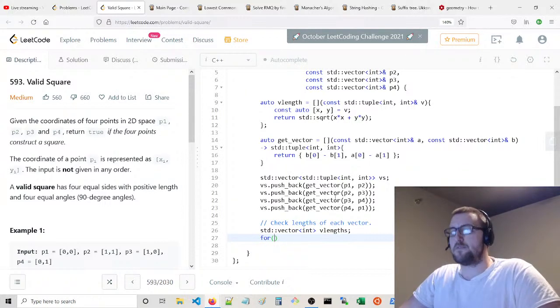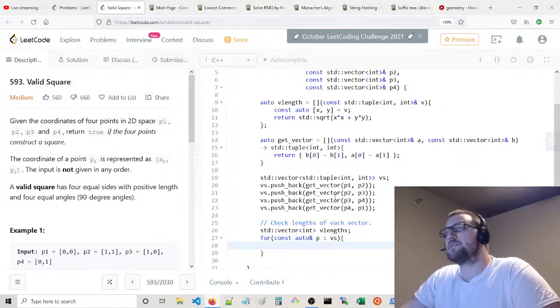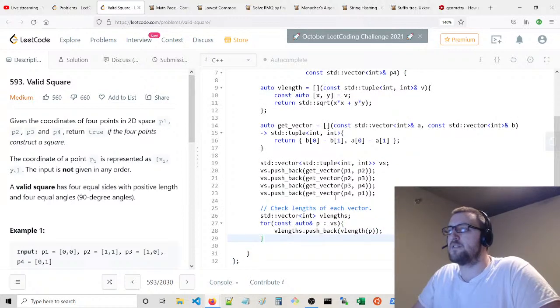That's going to be for const auto reference p in vs. We're going to v length, length of p, and then we're going to say x.